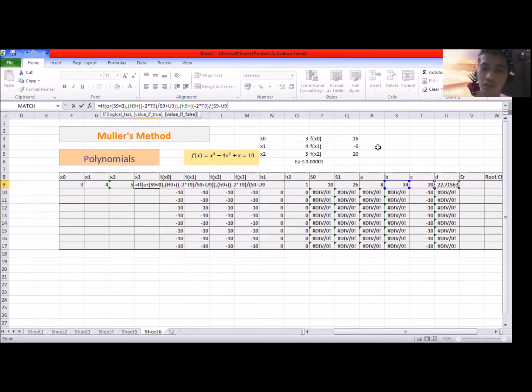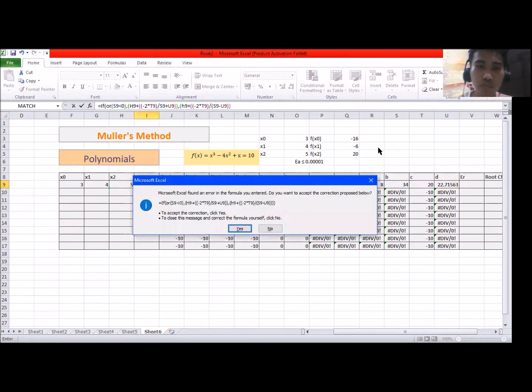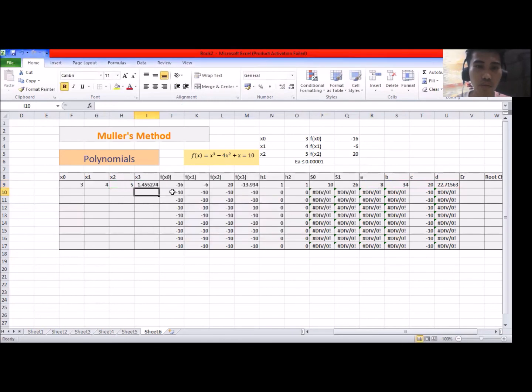So that is the condition in getting the answer. We get the value of 1.455277.